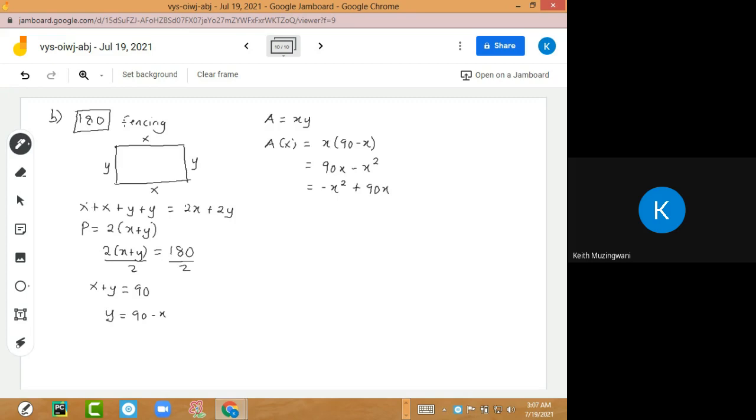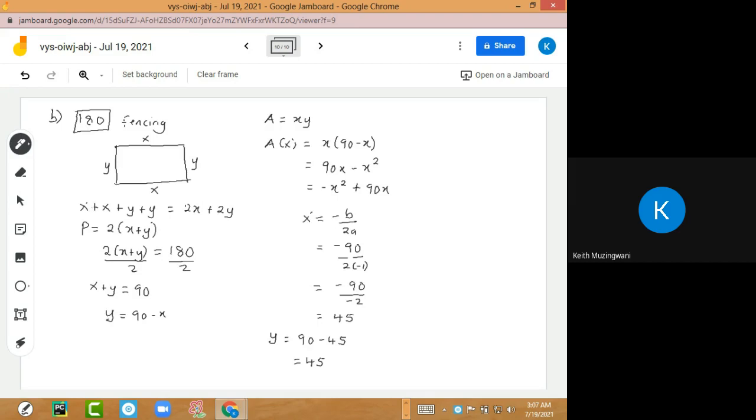Our next step will be looking for x that gives us the maximum, which is negative b over 2a. So negative 90 over 2 times negative 1. This is the same as negative 90 over negative 2, which is positive 45. So y also can be found as 90 minus 45, which is also 45.